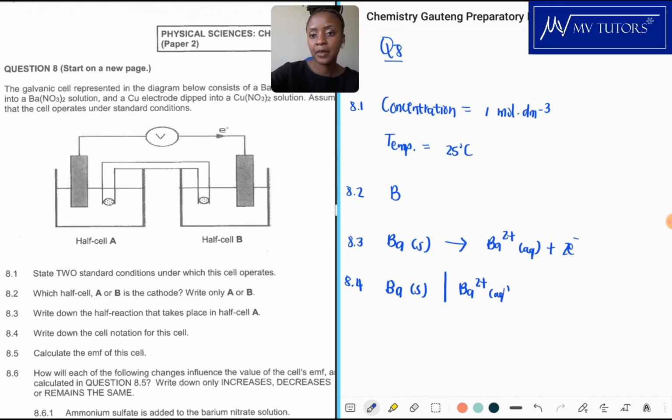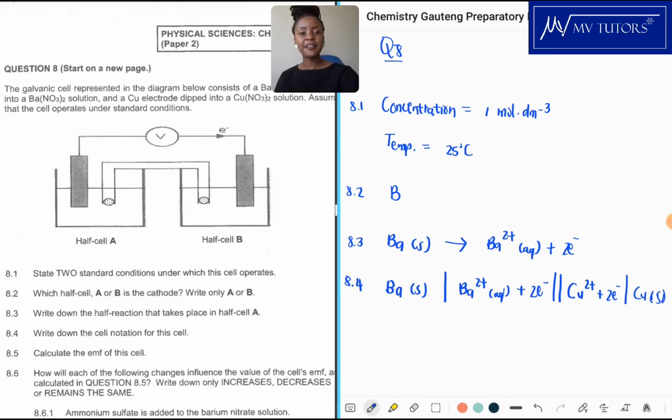I don't think they will penalize you if you don't put in the aqueous state. Then we have the salt bridge, which we indicate by 2 parallel vertical lines. Then we have our copper 2 plus ions with the 2 electrons, and then the copper electrode.